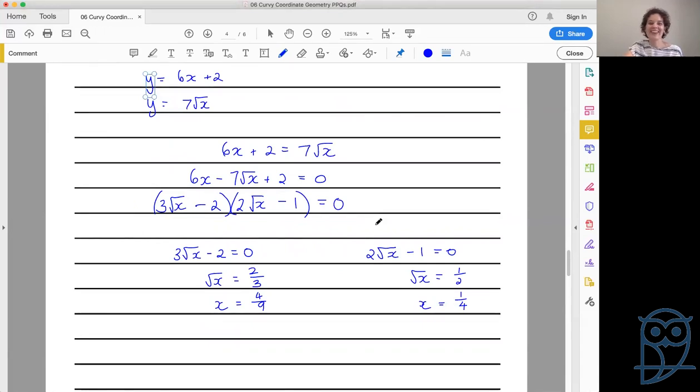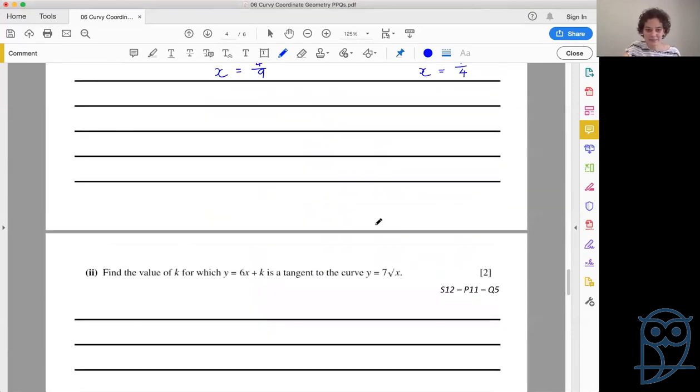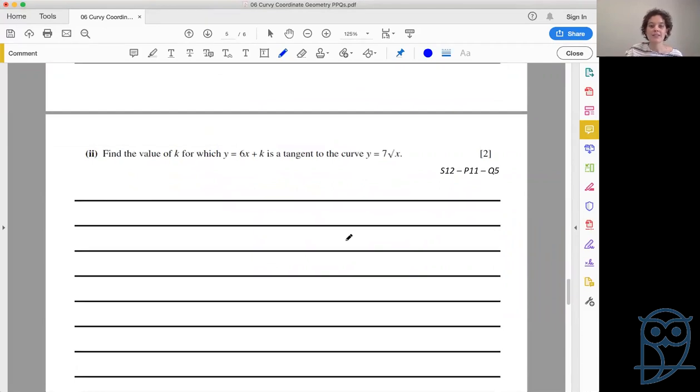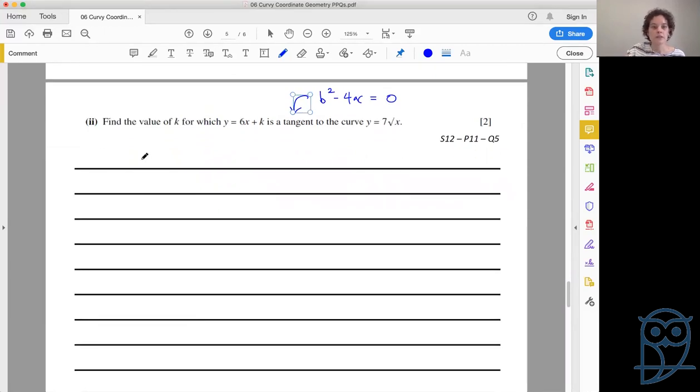Okay, so next part of this question is find the value of k for which the line is a tangent to the curve. We have bells ringing again because when we have a tangent to the curve, we are dealing with b squared minus 4ac equals 0. And we have already seen that we are working with something that reduces to a quadratic. So y equals 6x plus k, y equals 7 root x.